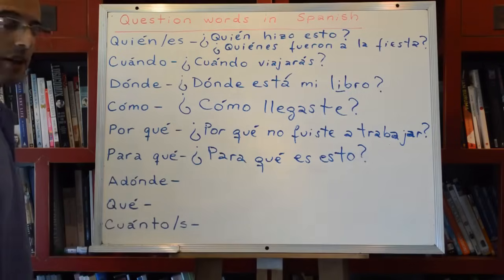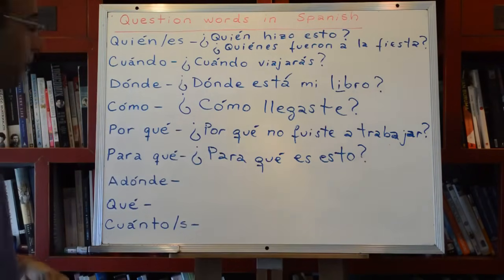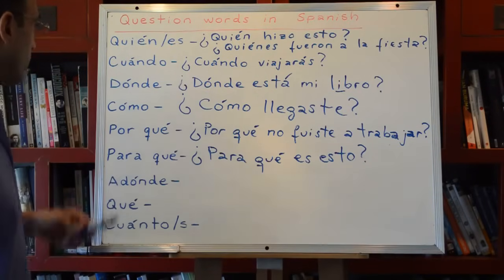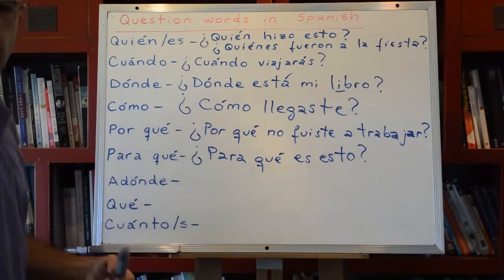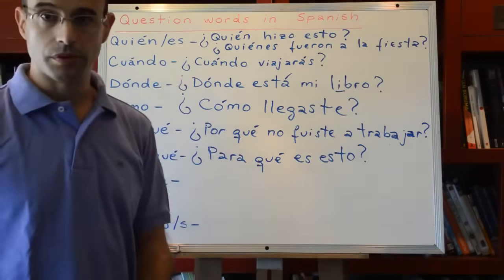¿A dónde? See? ¿A dónde is very similar to dónde. It just carries an A before the D. So, while dónde means where, ¿a dónde means where to.